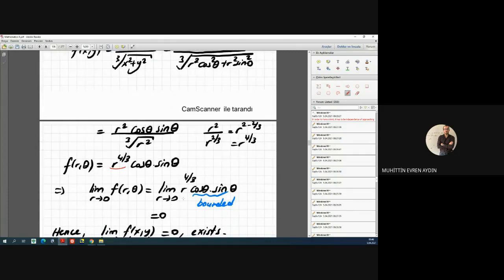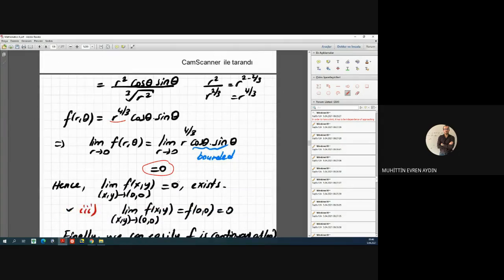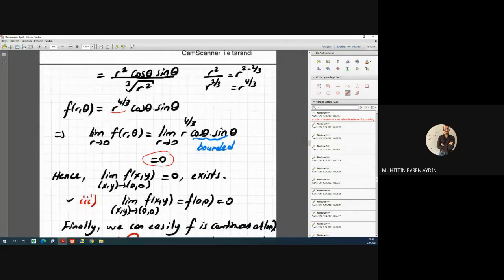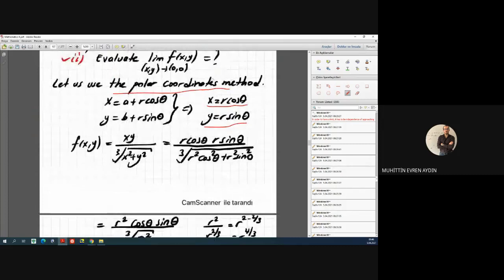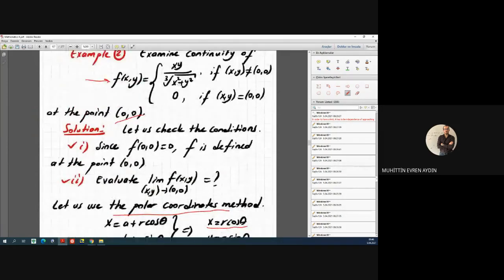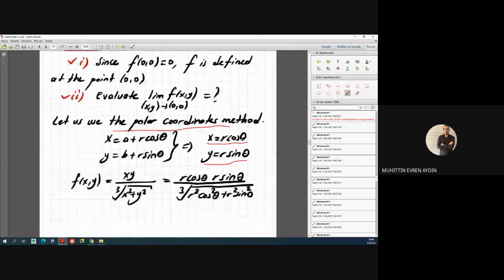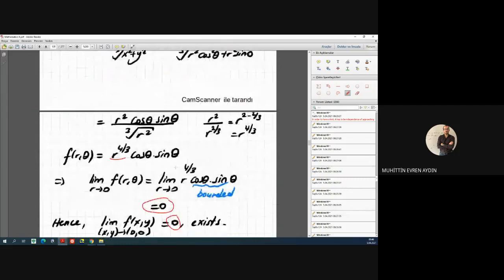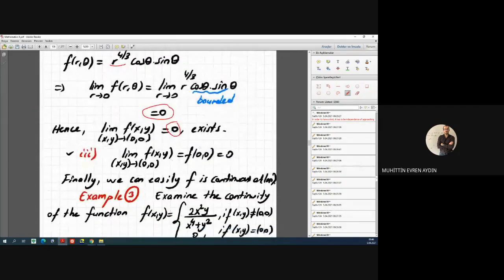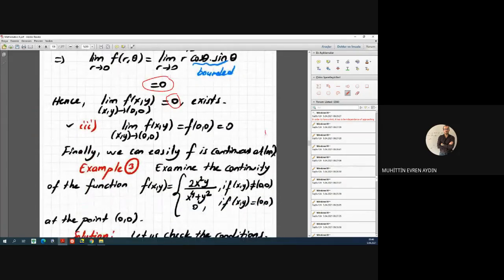If r goes to 0, then we have the limit 0, independent of the value of theta, which means that our limit exists and the value is 0. The limit exists and its value is 0, and also the function takes the value 0 at the origin, which means that our function is continuous at the origin.